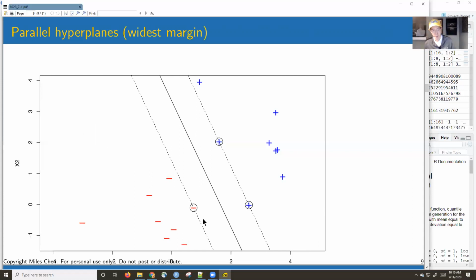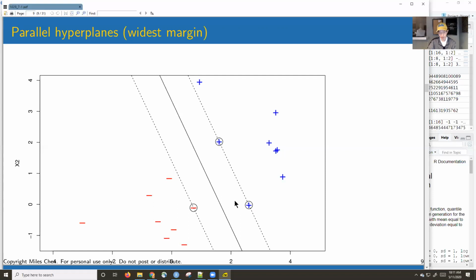Okay, so we have these hyperplanes, and in this case, this would be our maximum margin boundary. This line in the middle would be the maximum margin linear SVM, because it's a straight line for the linear part.